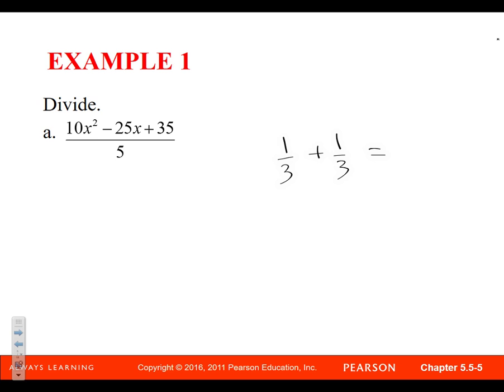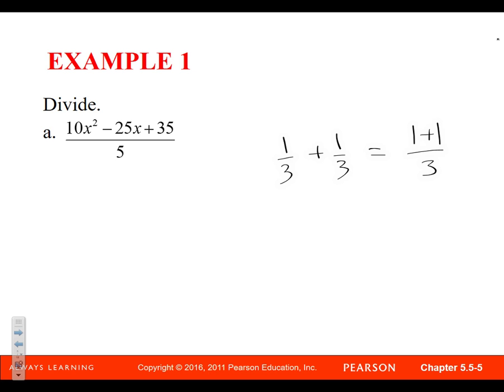How much is that? It's 2/3, right? But couldn't I also just say that's 1 plus 1 over 3? Does everyone understand that? That's what's going on over there. Except because the terms are not like terms, they can't get combined into one number. Here they're just integers, so I can say 1 and 1 makes 2. Does that make sense to everybody? So here, they can't combine them, so they keep them separate, kind of like I did over there.